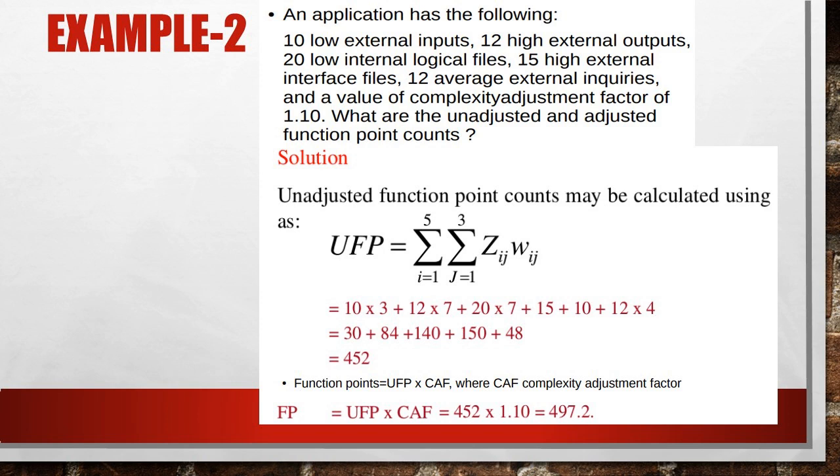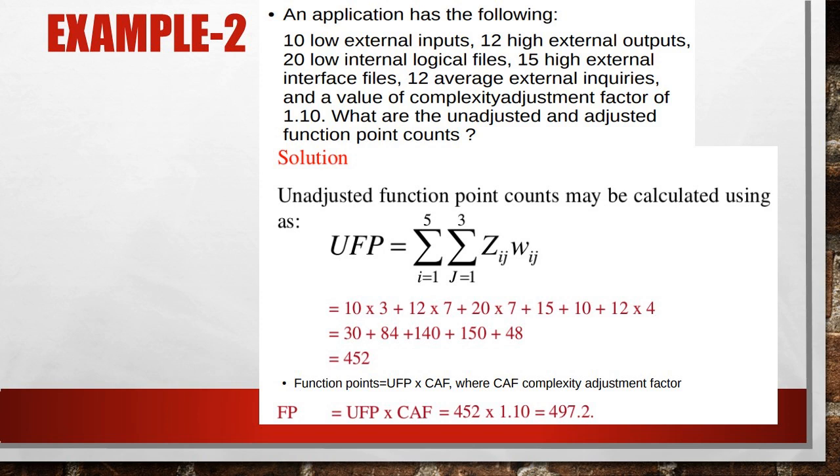All the values are given in the question as done in the previous example. Substitute the values of Zij and Wij. Some values are low weighted, some values are high weighted, so take the appropriate value from the table, substitute, and after getting the unadjusted function point UFP, multiply with CAF.